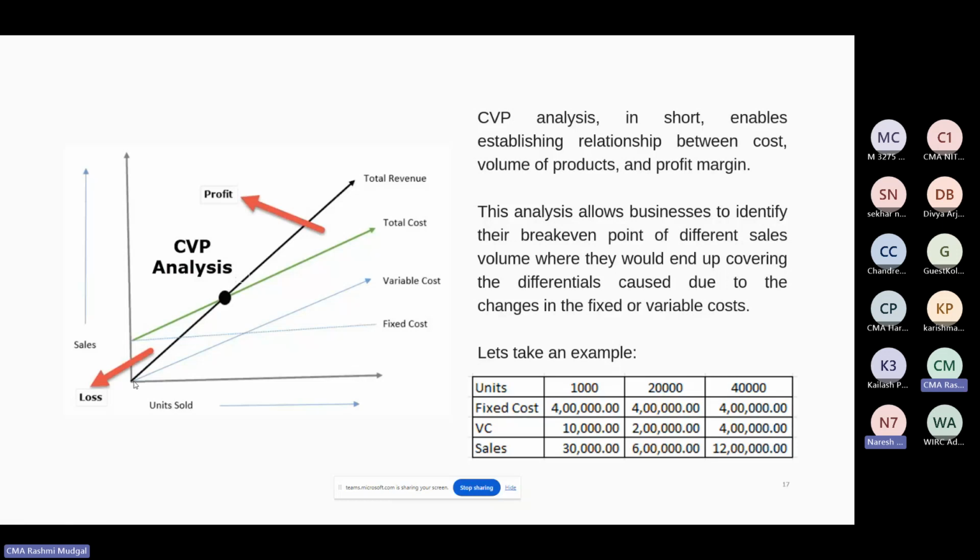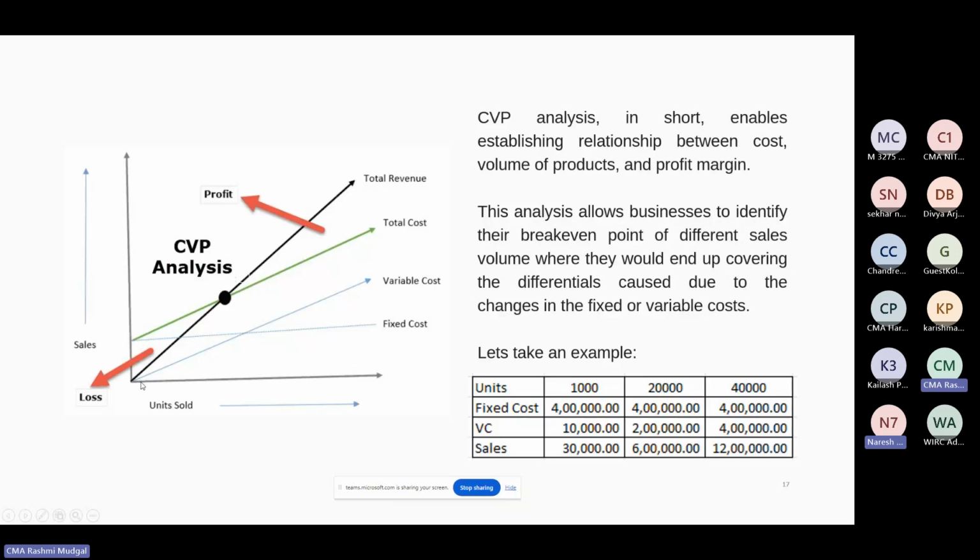Whatever happens, I need to pay the management salaries also. That will also be fixed. Even if I'm selling only one unit, I need to pay the interest to the banks for whatever machines I have invested in the company. So fixed cost will remain constant at every level of production or every level of product sold.